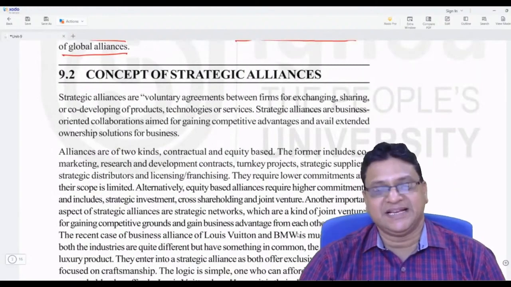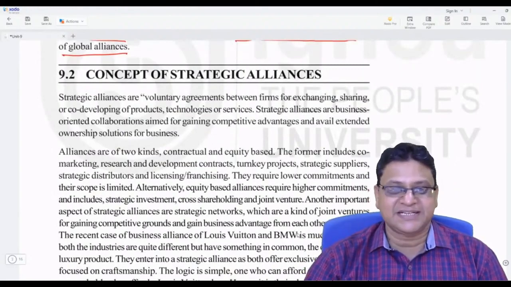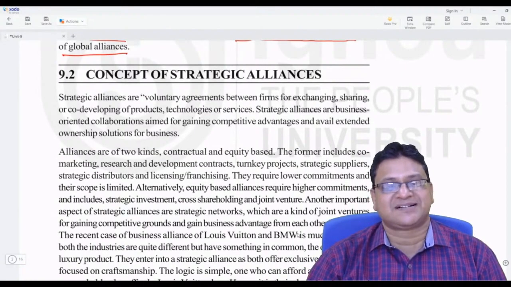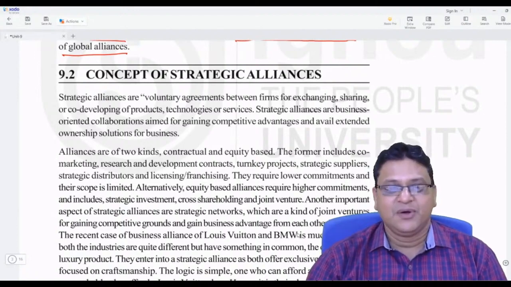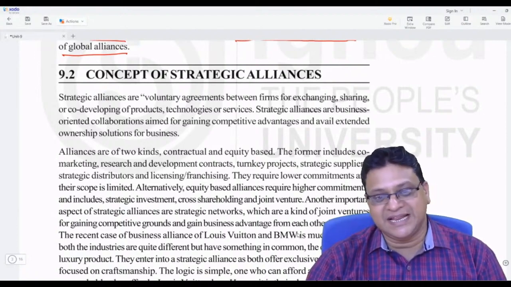What is strategic alliance? First we discussed alliance. Now we will discuss what is strategic alliance and what are the different types of strategic alliance.